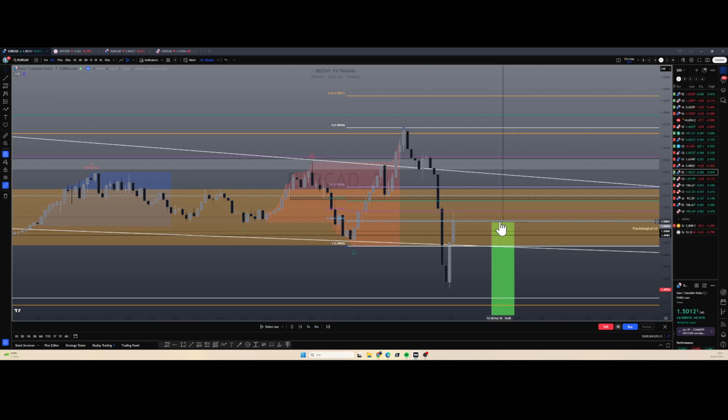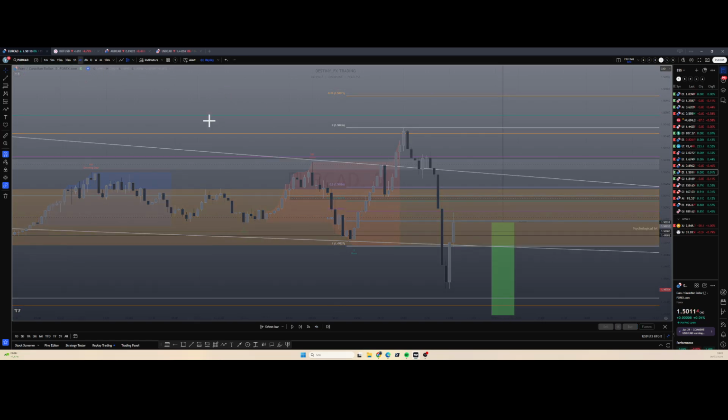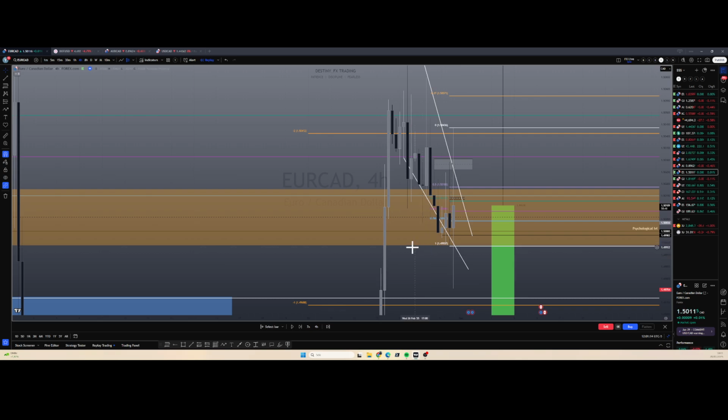And what I'm saying is that for me to consider a break of structure, we need to close below a H4 swing point and close below it.